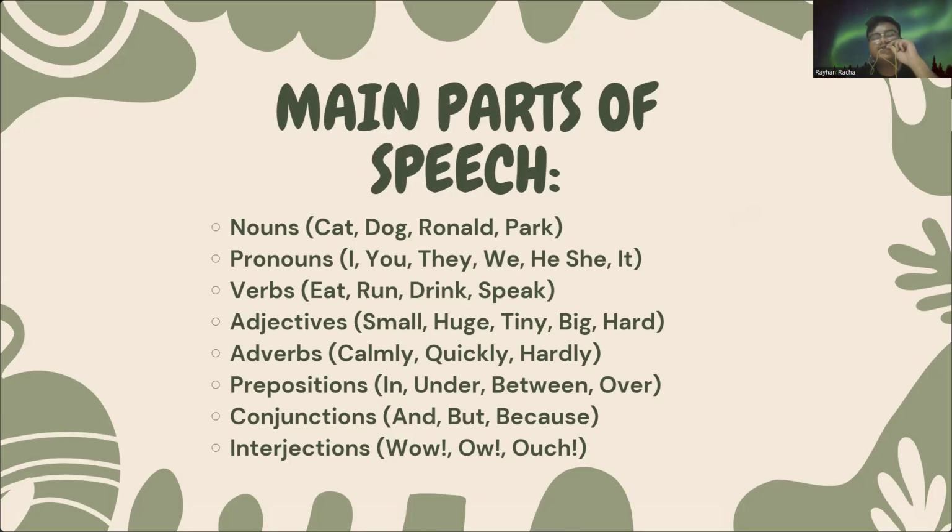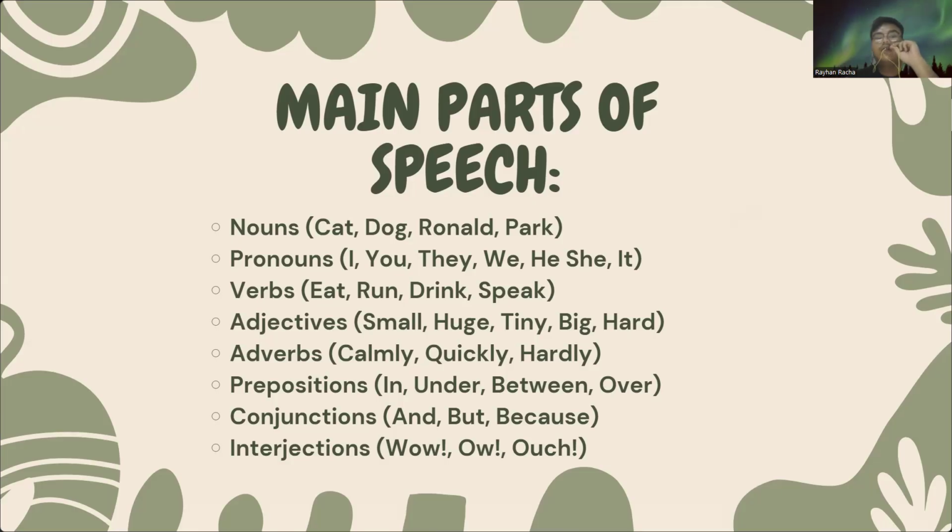Same as here, I chose Ronald, basically a name of a person or a name of a place. In the first word of a sentence, it is a noun. For example, we have park and we have Ronald. You can differentiate, for example, Billy or Bob. It still counts as a noun.